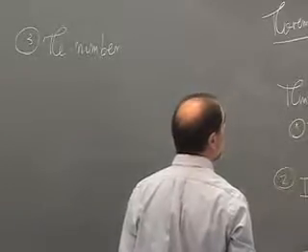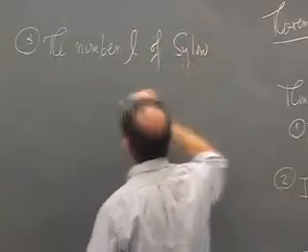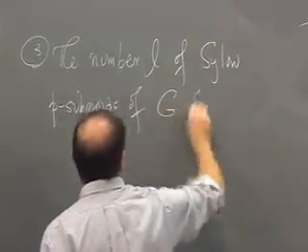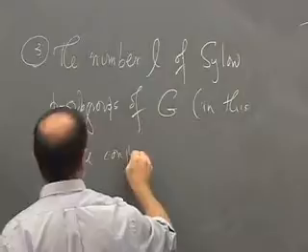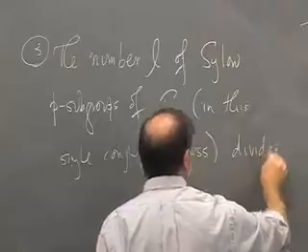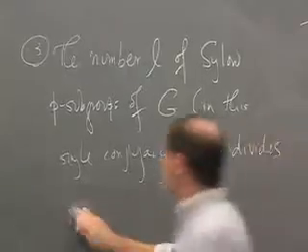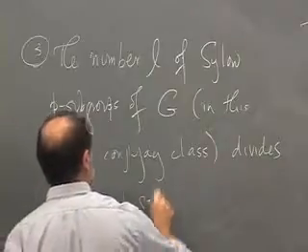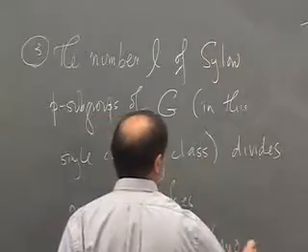The number l of Sylow p subgroups of G in this single conjugacy class divides n, the number that's left over, divides n and satisfies l congruent to 1 mod p.